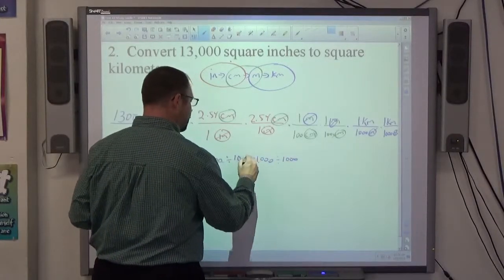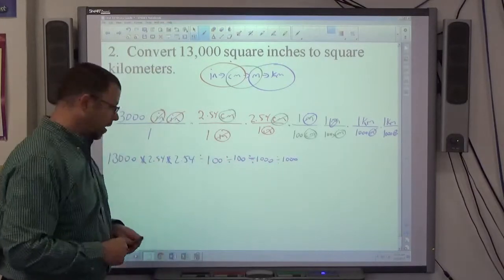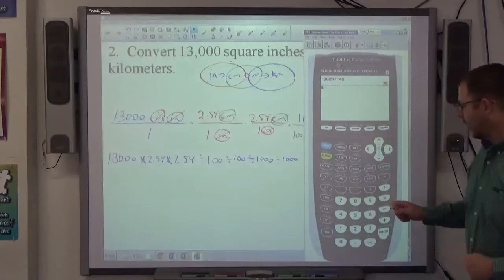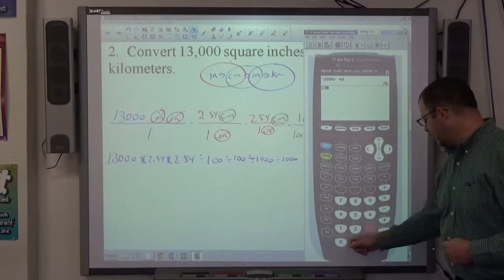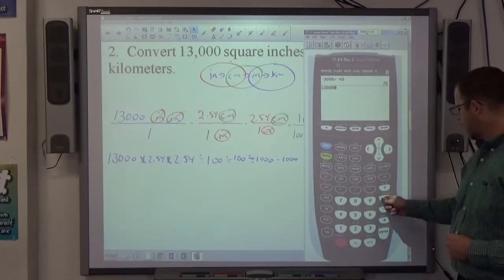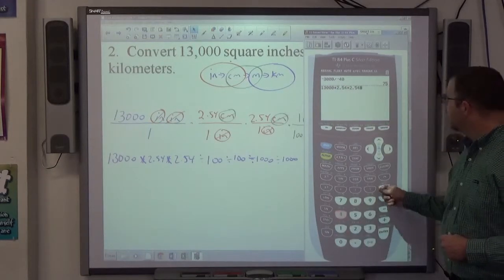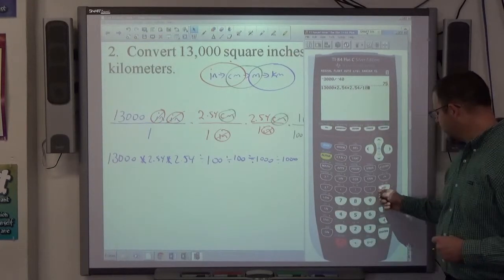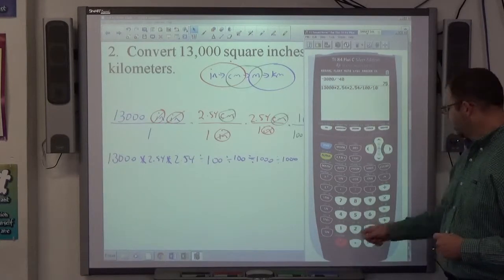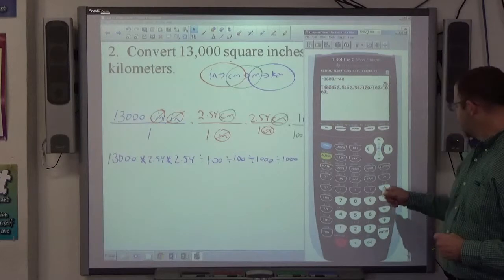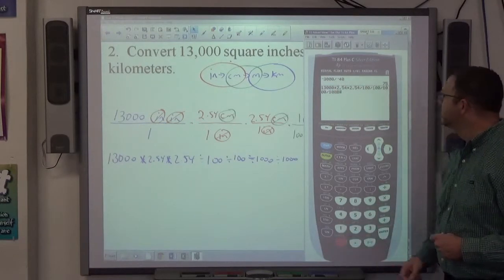Every number on the bottom you hit a divided by, every number on top you hit a times in your calculator. That's how your calculator knows how to work. So I just type it in exactly like that.